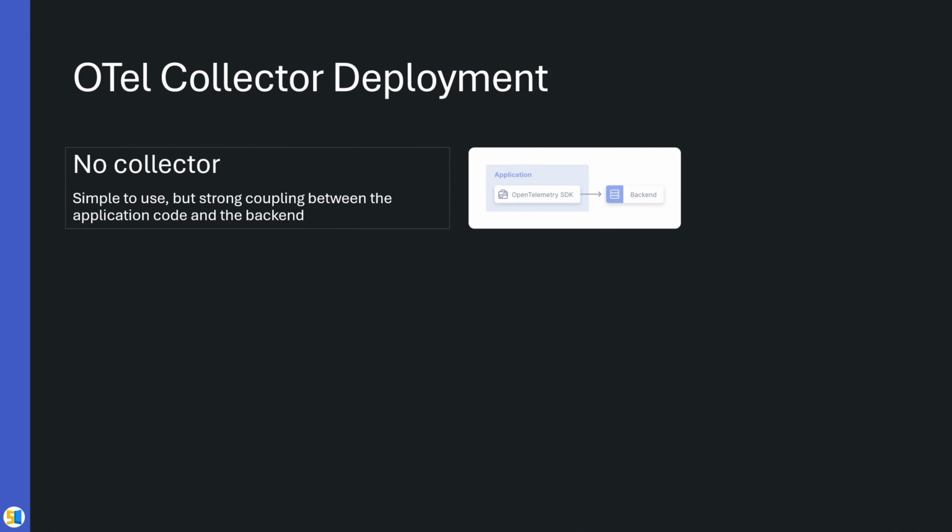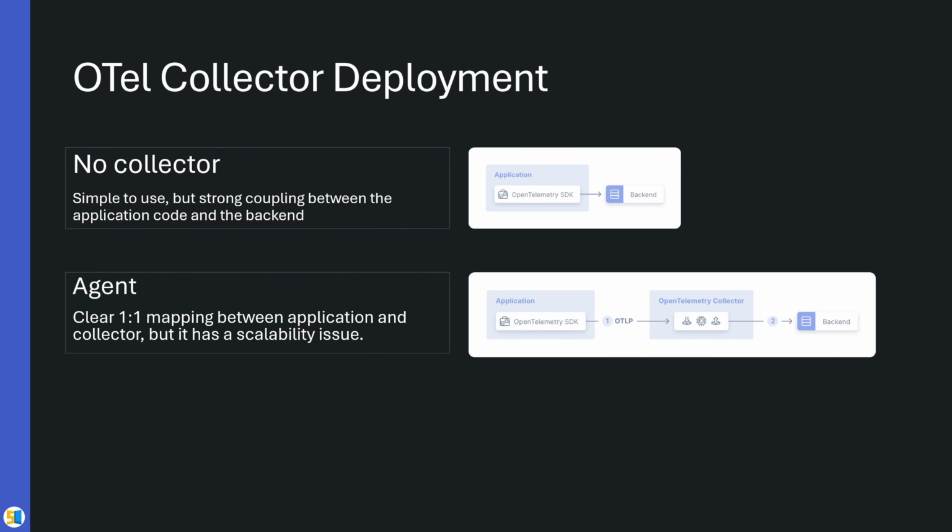So if you need some changes in the configuration on how you want to export your telemetry, you need to change the code in your application and redeploy it, right? The second option is to use agents. You install the collector as a separate daemon set, or in Kubernetes, you can create a sidecar container, for example.